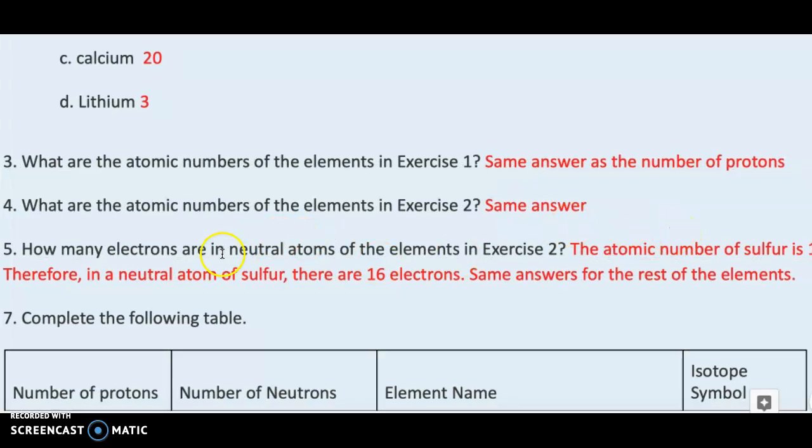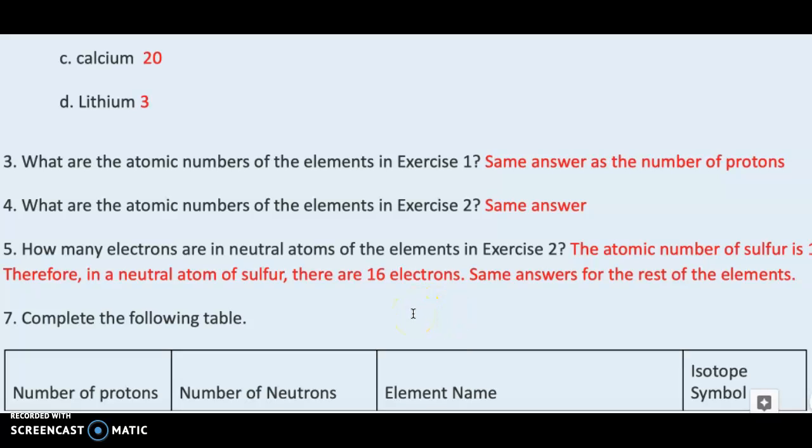How many electrons are in neutral atoms of the elements in exercise 2? This is very important because it's asking you about neutral atoms. It doesn't have a charge. Neutral atoms means that it has the same amount of electrons as the atomic number, therefore as the number of protons.